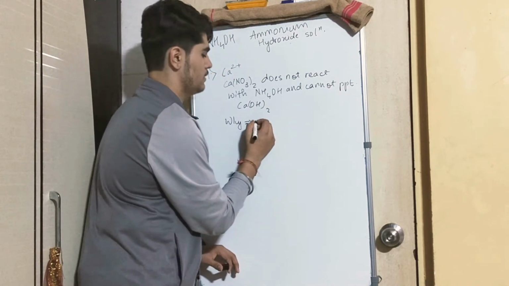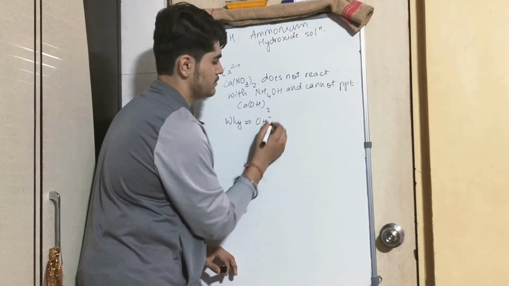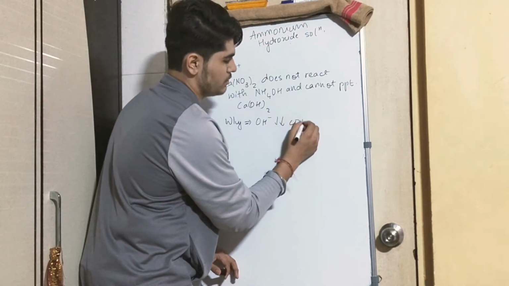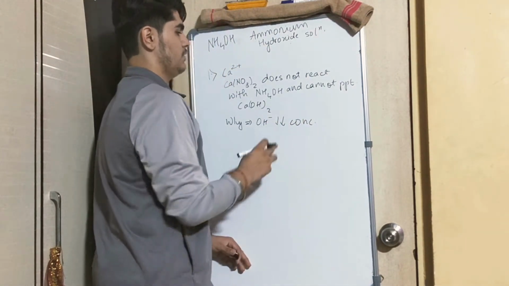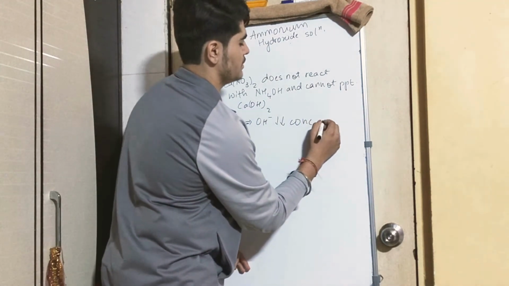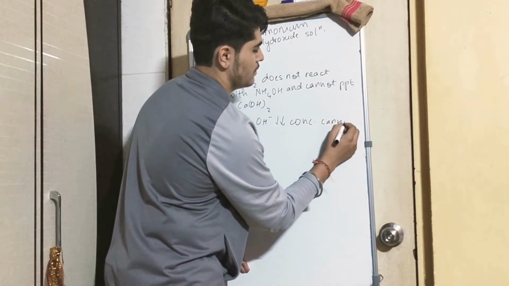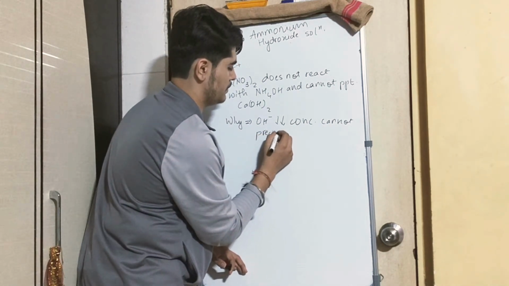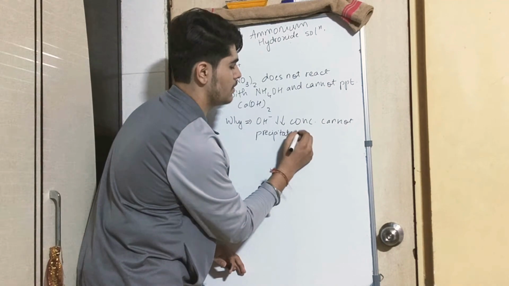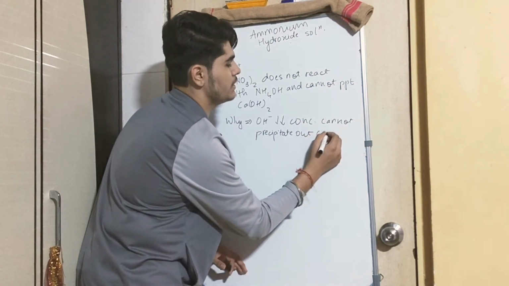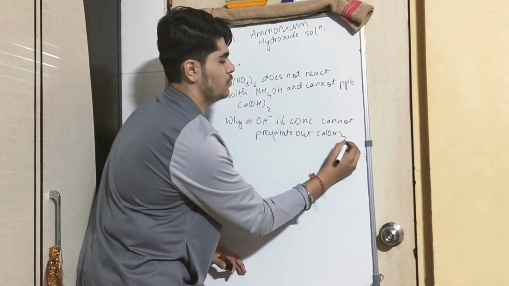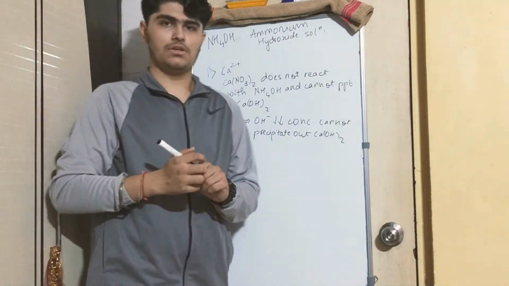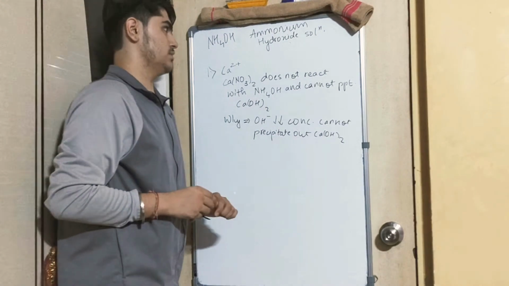Why? Because OH minus ions have lesser concentration. That's why it cannot precipitate out Ca(OH)2. This question can be asked in board exams, so be prepared for this question.